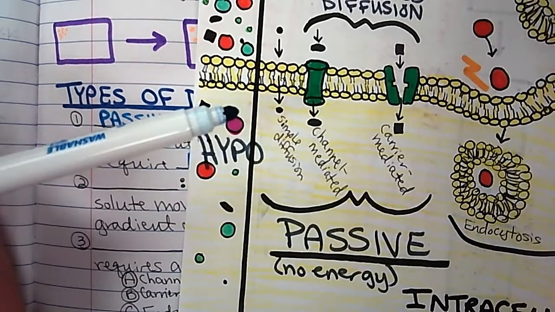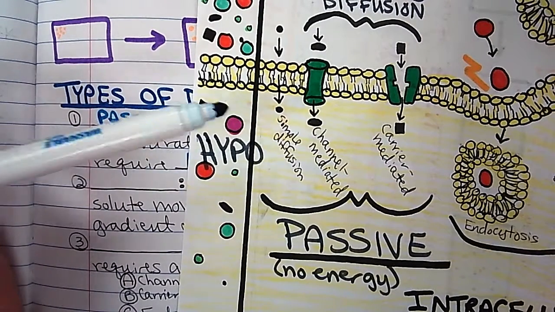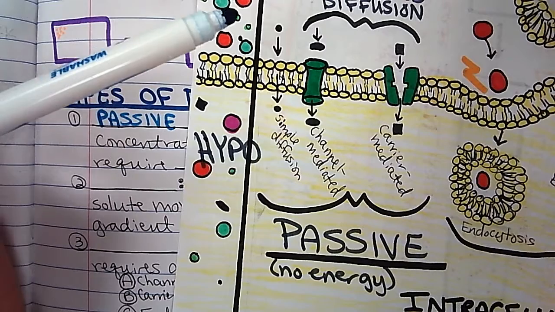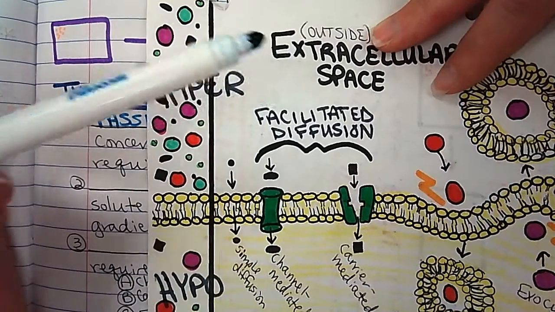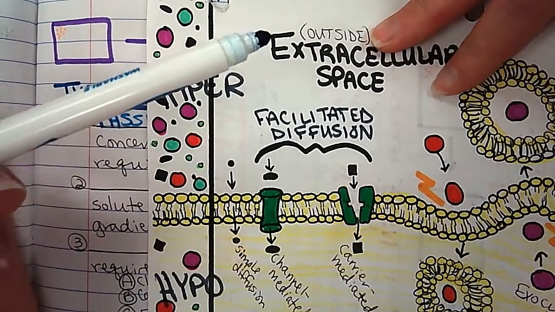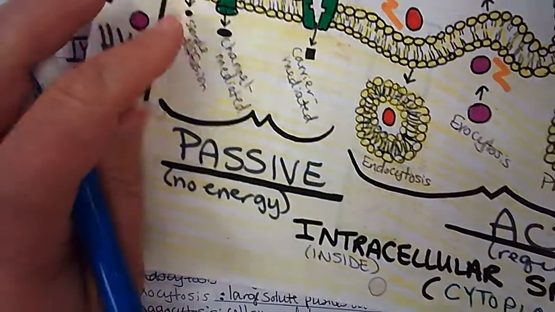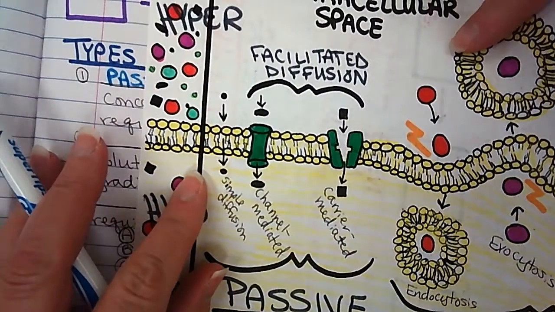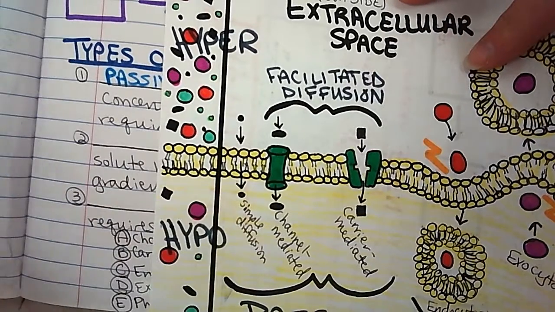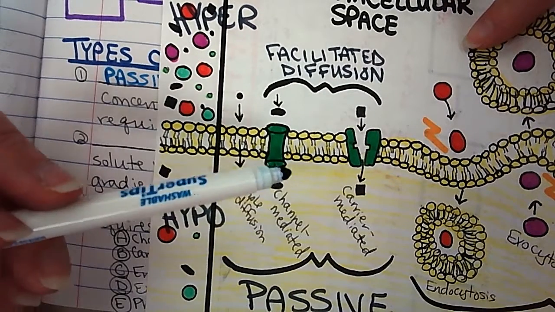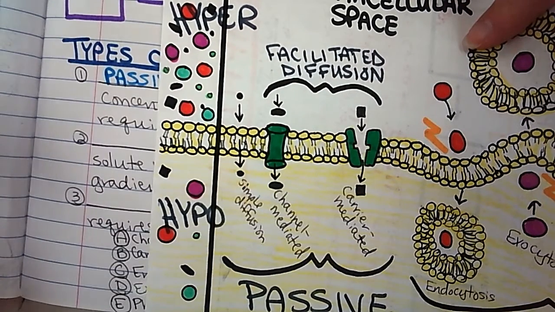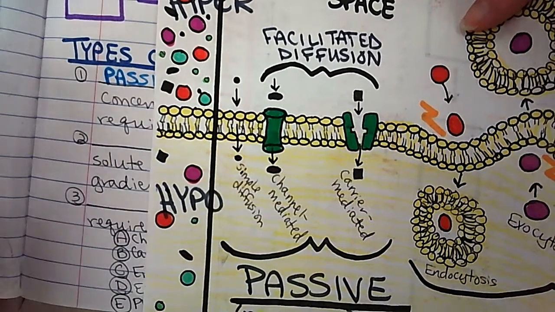And down here you have the matching colors, but this is very hypotonic compared to the concentration outside the cell. This is your extracellular space. This is inside the cell, your intracellular space. I want to show you a couple of different passive diffusions. We're going to get to some of these facilitated diffusions in just a minute, but I'll show you right now.